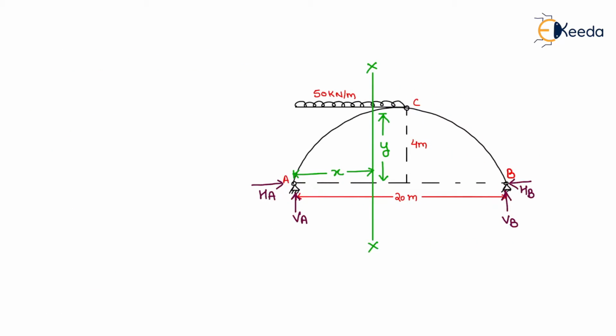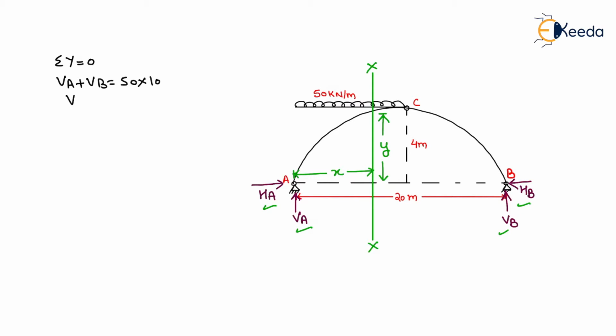For finding the maximum positive bending moment, we need to calculate the support reactions, that is VA, HA, VB and HB. For finding the support reactions, we will use the equilibrium conditions. The sum of all the forces in the vertical direction is equal to 0, that is VA plus VB will be equal to 50 into 10, because 50 kilonewton per meter of load is acting on a span of 10 meter.